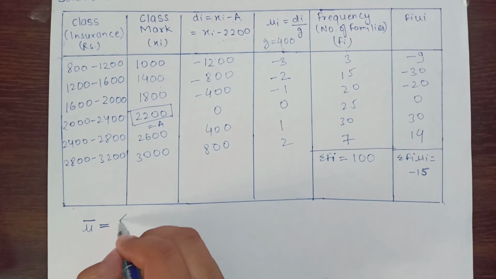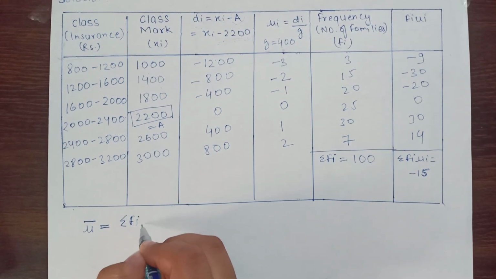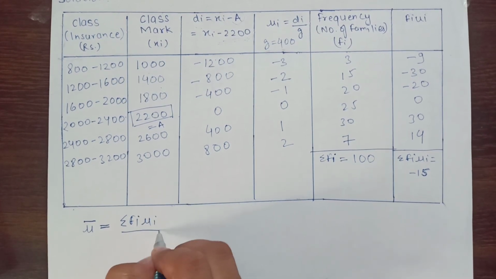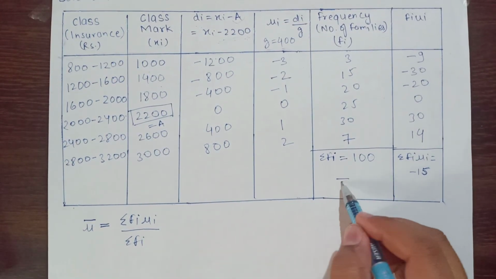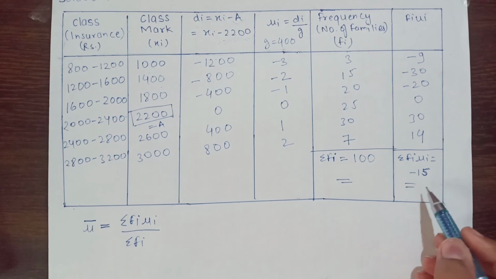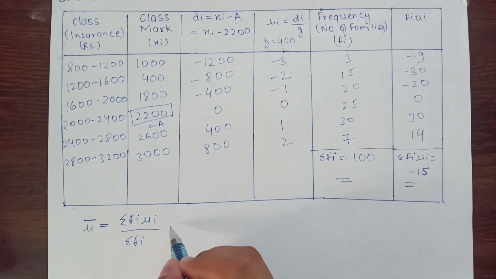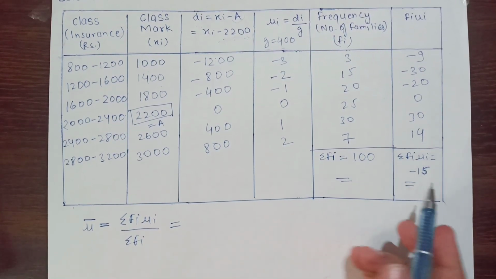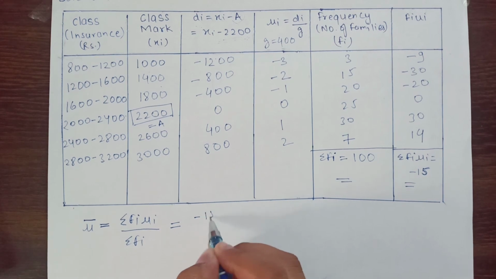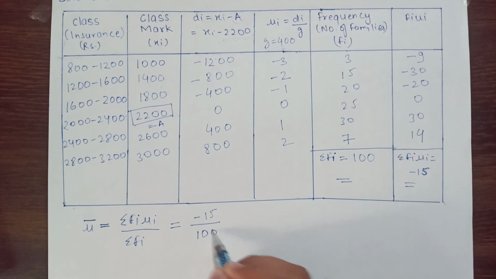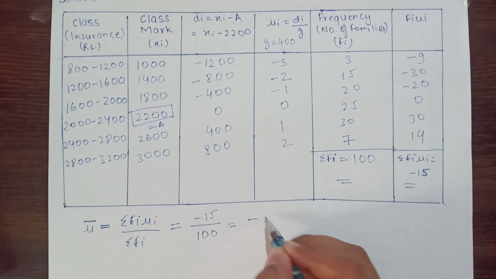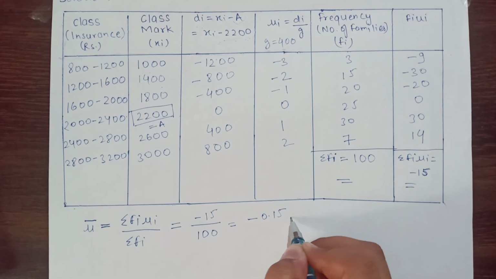The formula is summation of fi ui upon summation of fi. Why have we found out summation of fi and summation of fi ui? For putting in this formula. So let us put minus 15, summation of fi ui, upon summation of fi, which is 100. So the answer will be minus 0.15.